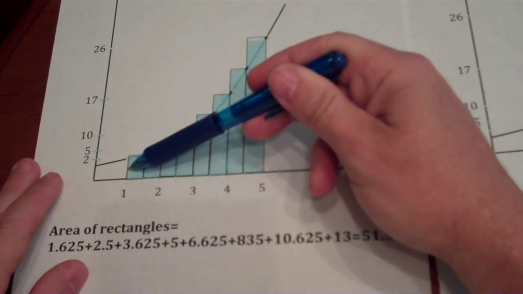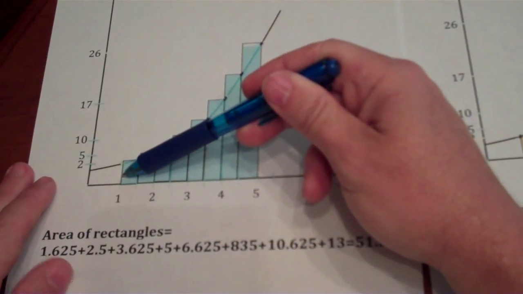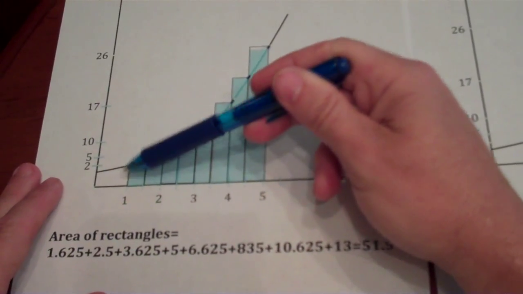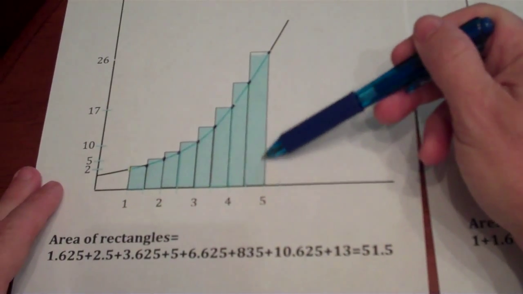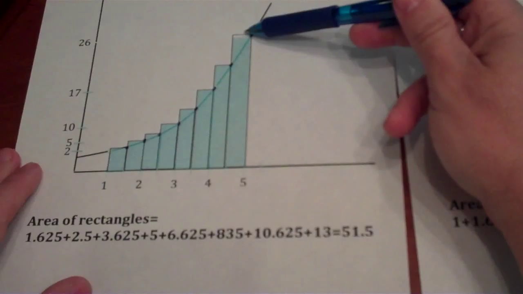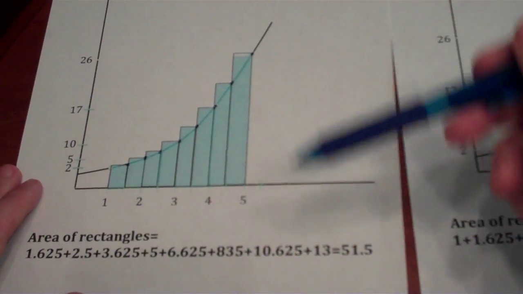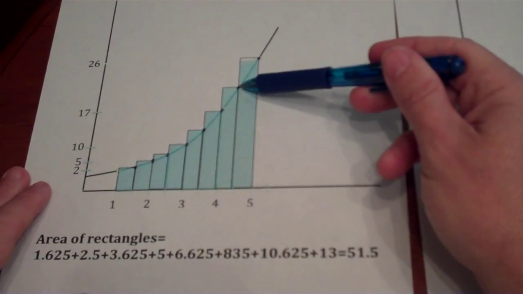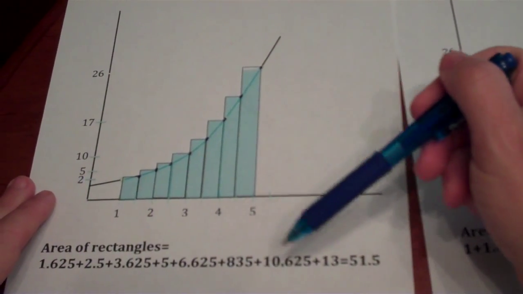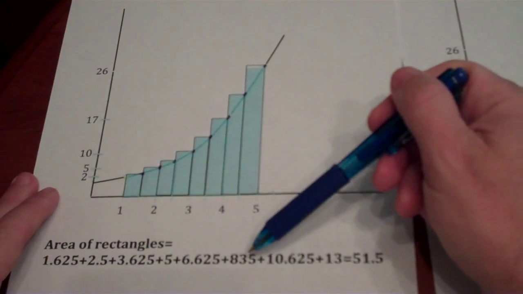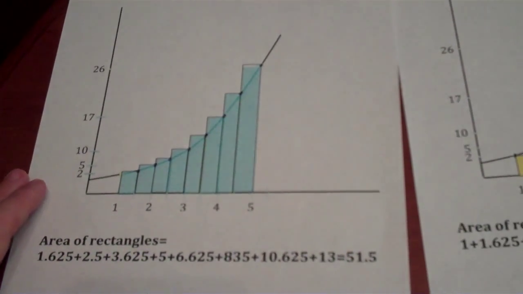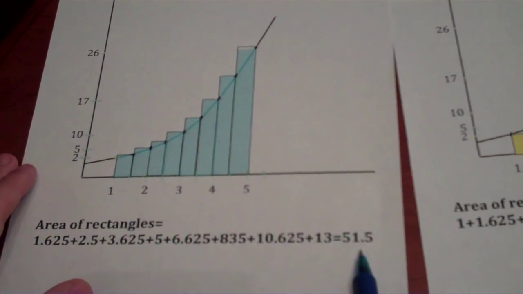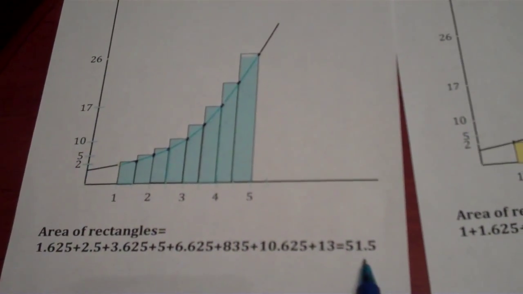And again, I will not use that last value for my chart. This time, the area of this rectangle would be 26 times 1/2, which is 13. Similarly, I take this value times 1/2 and I get the area of that rectangle, and the next, and the next, and the sum of all 8 rectangles this time would be 51.5.